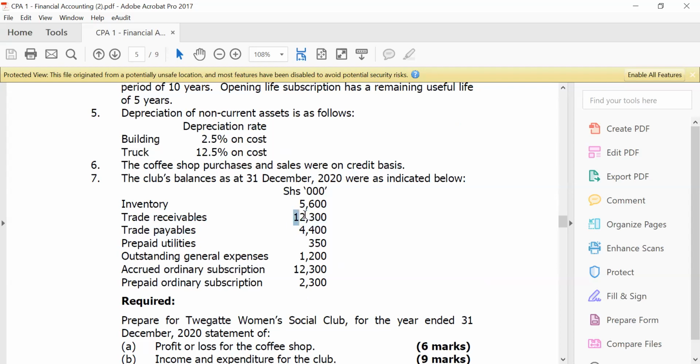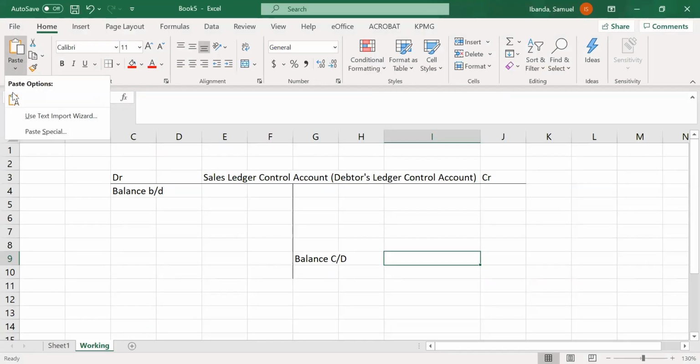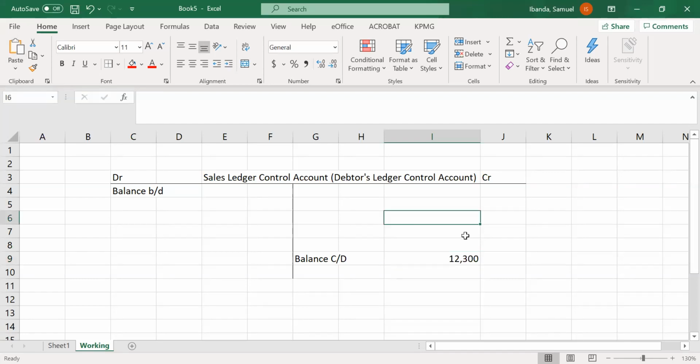So this 12,300 is our balance carried down, which I'm going to take and write here. That is our balance carried down, okay? And the balance brought down is 0 because I don't have any values since the business was starting this year.